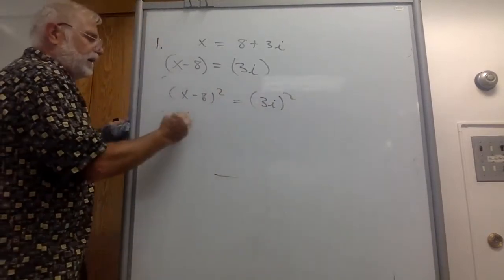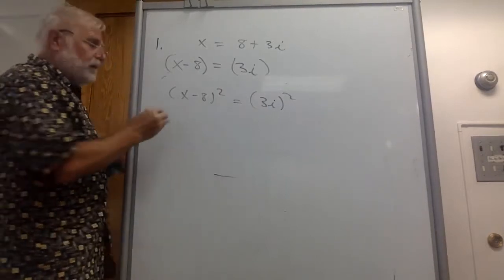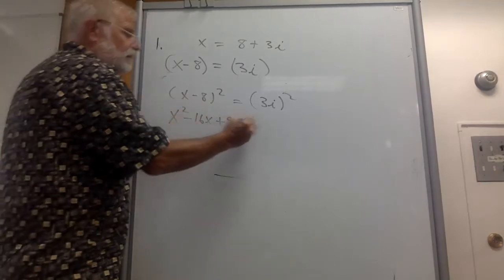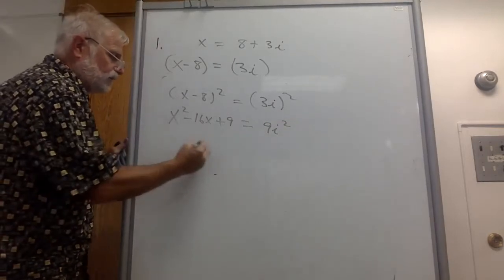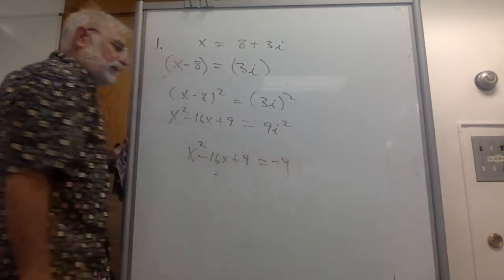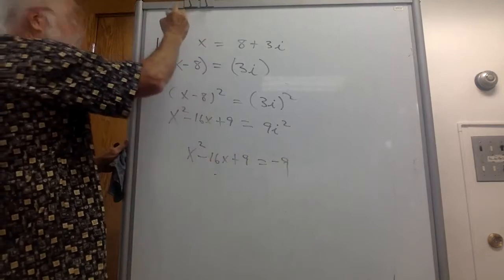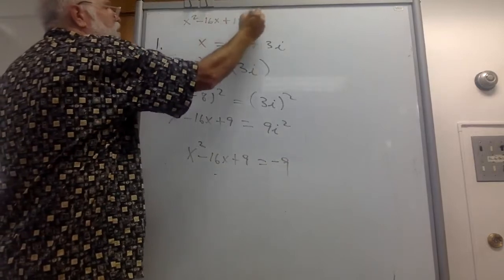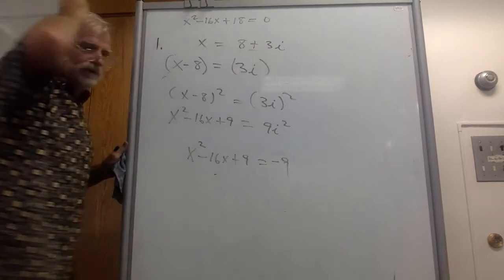That's going to get you x squared minus 16x plus 64 equals 9i squared, and that's equal to -9. And now we can see the equation that gets us these answers was x squared minus 16x plus 73 equals 0. That equation produces the 8 plus or minus 3i.